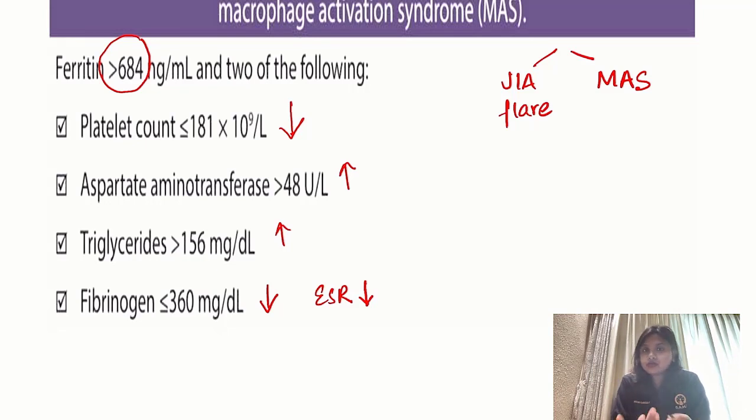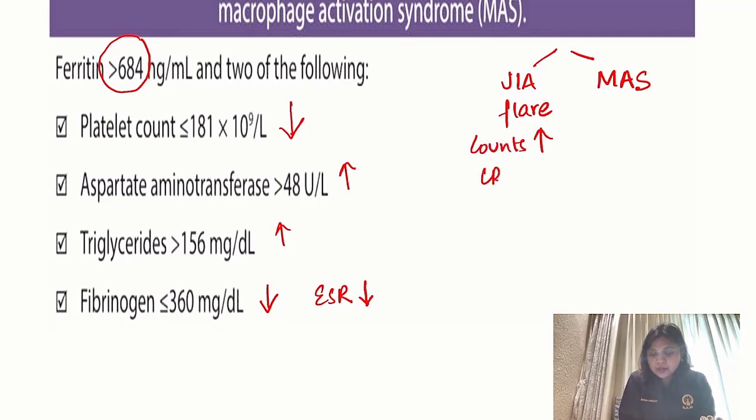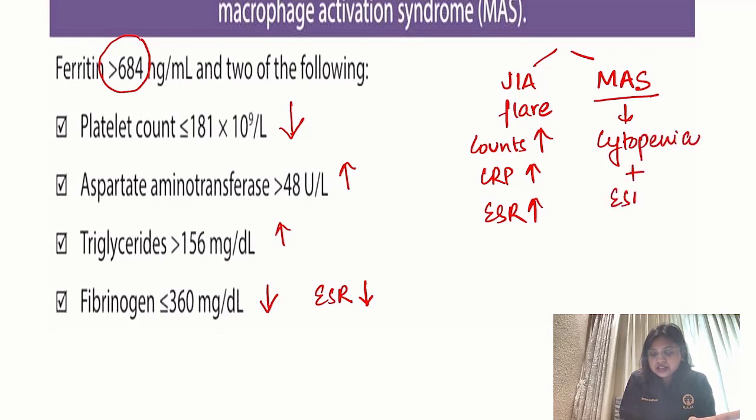So normally in JIA flare, the counts will be high, the CRP will be more, the ESR will be more. But in MAS, what you can remember, there is going to be cytopenia, along with a decreased ESR. So have you understood this?